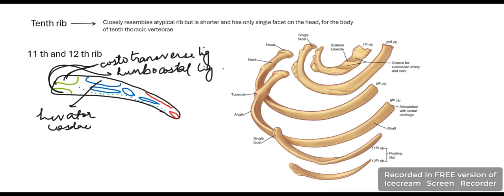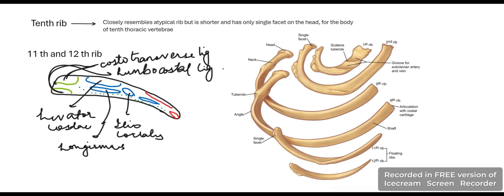This is the longissimus part, and iliocostalis in front. Now the next attachment on the lateral half is the insertion of the serratus posterior inferior.